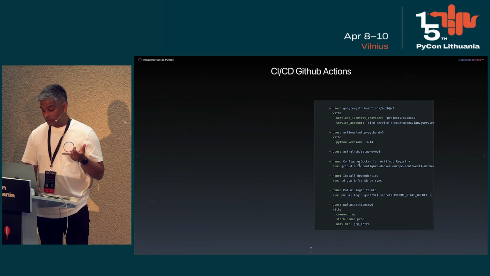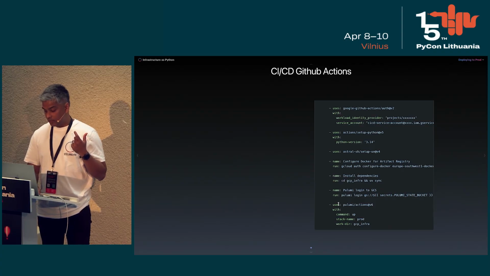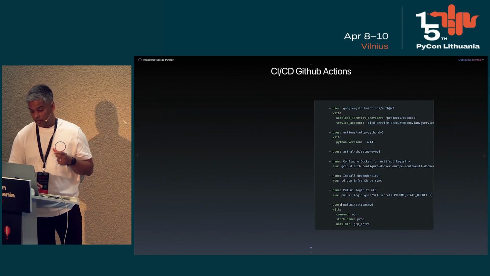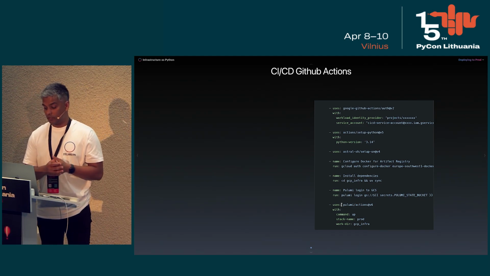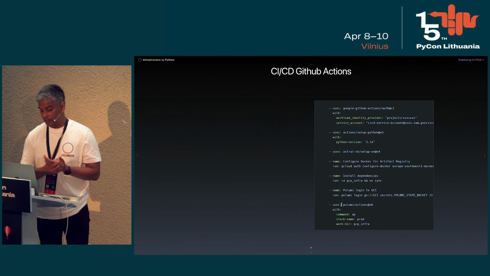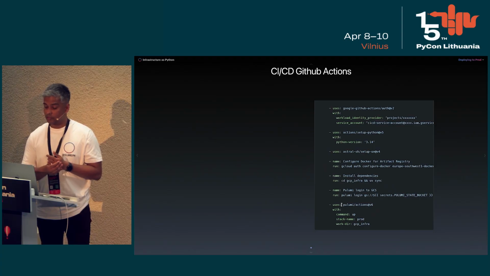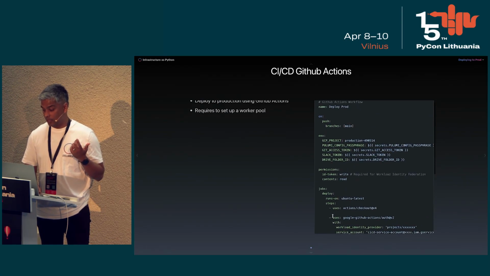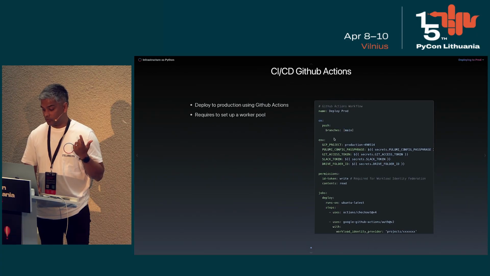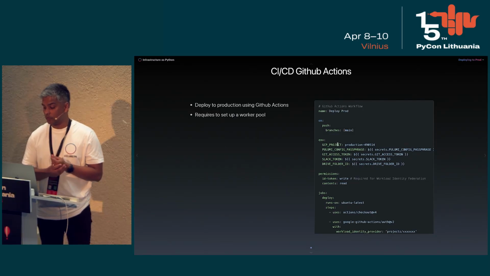Implementing all of the dependencies is through UV, and the actual Pulumi bit is really simple because it just uses this Pulumi action, and so the command is Pulumi up, stack is prod, and working directory is GCP infra. So this is a really super simple GitHub action which deploys your latest changes to your production project on every push to the main branch.